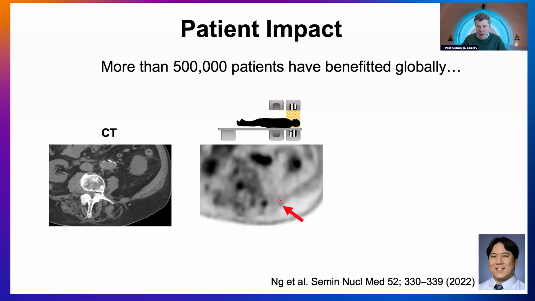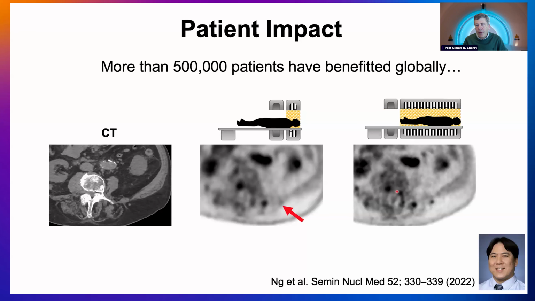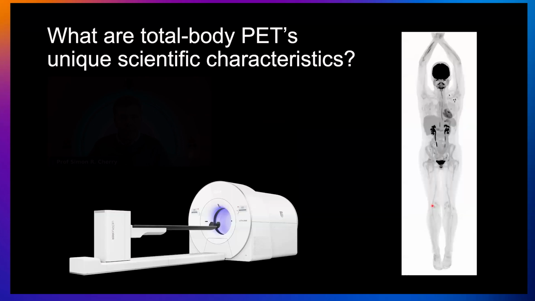Very hard to call on the conventional scan, but on the total body scanner, same patient, just a few minutes later, we can very clearly see that lesion. And that's a product of having higher detection sensitivity, allowing us to reconstruct a higher spatial resolution to make that lesion very obvious. And there are many examples of this. So it has a very clear impact on patient management.